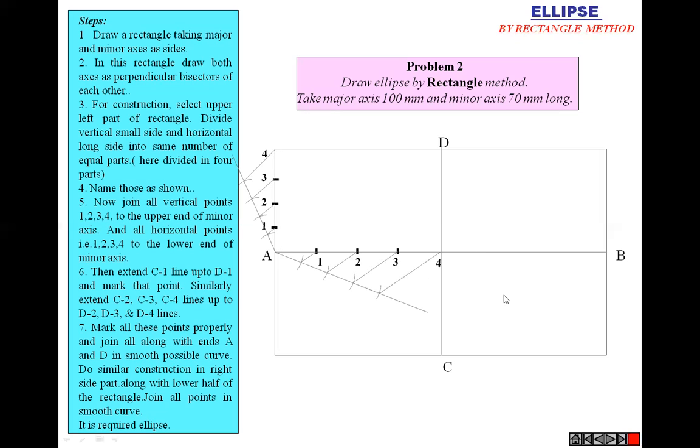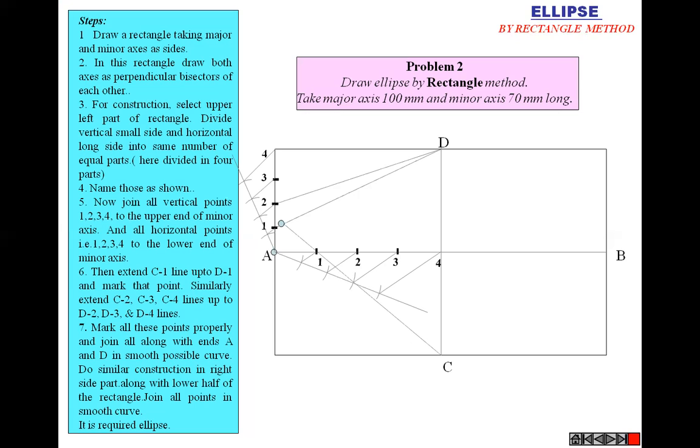Then join 1 with D. 1 is from the vertical line, and at that time draw a line from C passing through 1 from the horizontal, intersecting the D1 line, and we get one point. That is the second point.